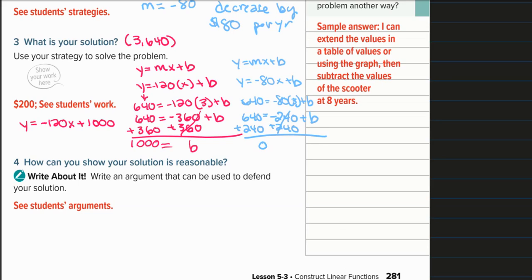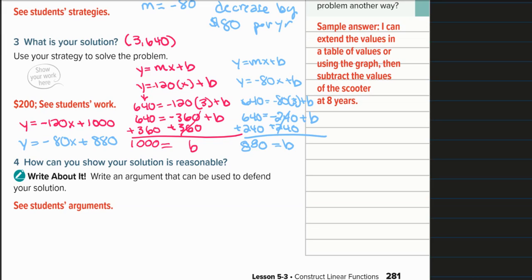These cancel. 640 plus 240 is 880, which equals our initial value. So the other one is going to be y equals negative 80x plus 880. So now we can see how much each bike initially cost.